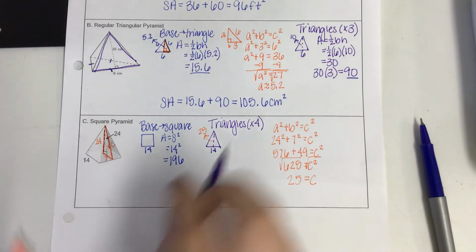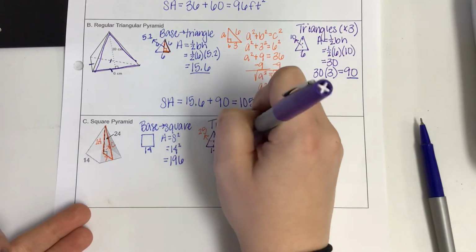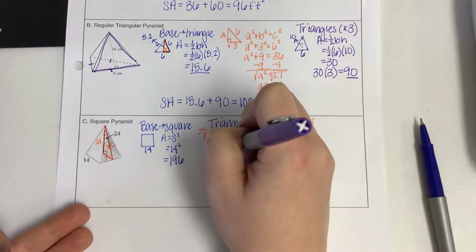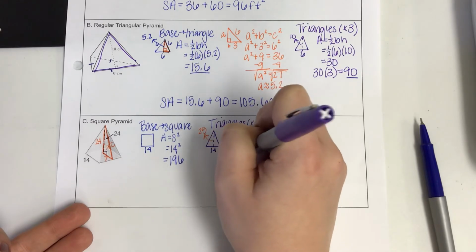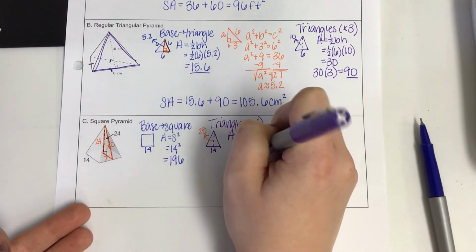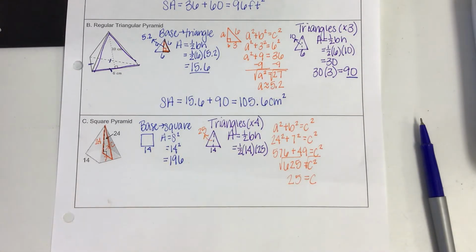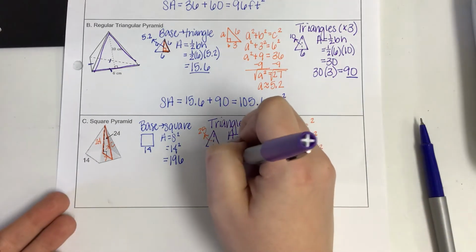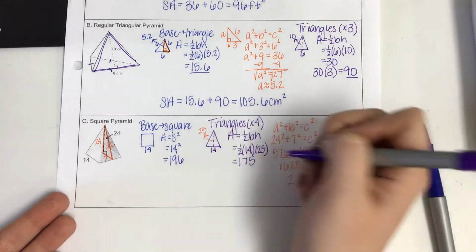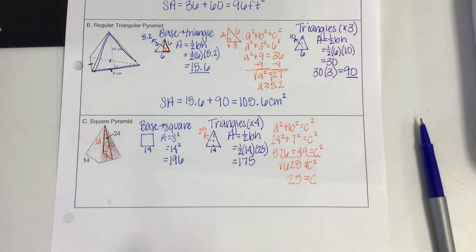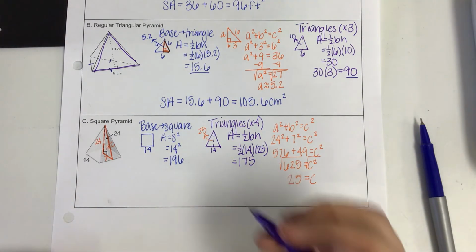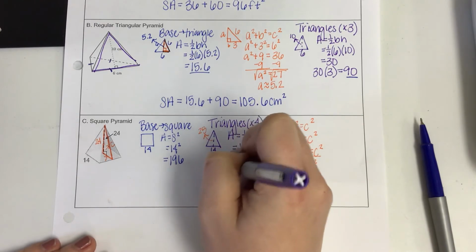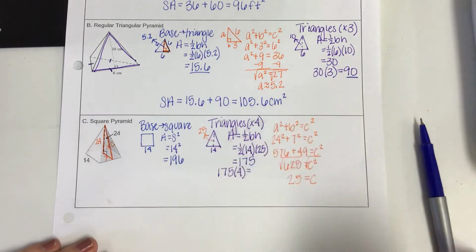Now for our triangle, we have everything we need to fill out our formula. We have 1/2 times the base, 14, and the height, 25. When we multiply these together, we get 175. But again, we must remember there are 4 of these triangles, so I need to take 175 and multiply it by 4.